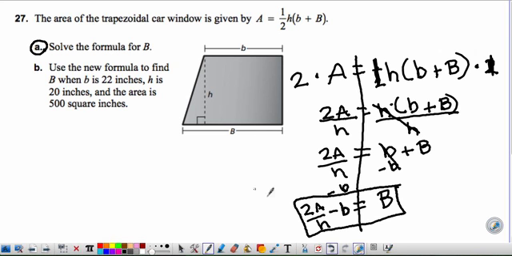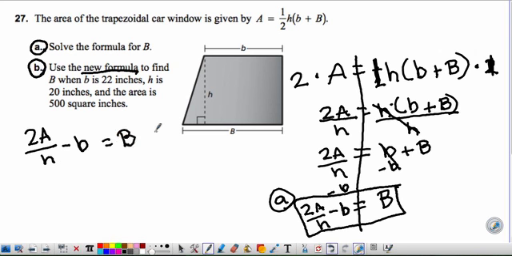Okay, now that's A. We solved the formula for the big B. Now, the second part of this says use the new formula, and our new formula is 2 times A divided by h minus b equals B, when the small b is 22 inches, h is 20 inches, and the area is 500 square inches.